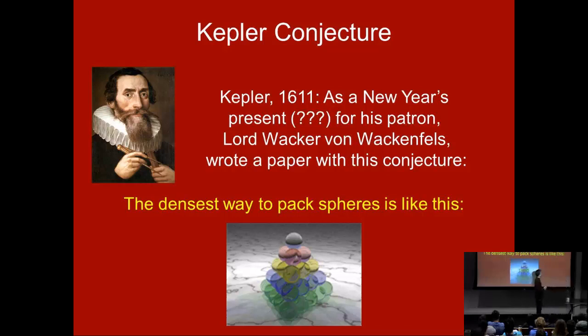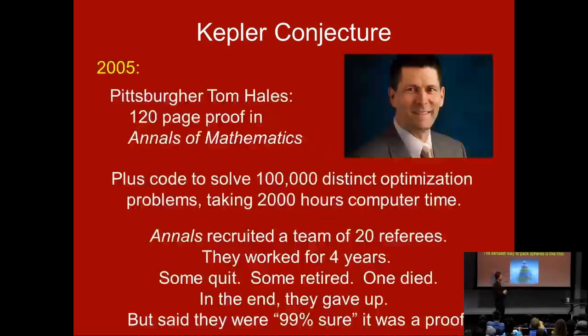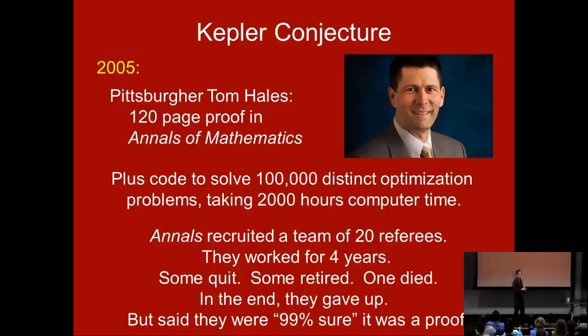Nobody could prove it for 375 years. Flash forward a really long time. This person, who works right over there, Tom Hales, a professor at Pitt, proved it in 2005, and it took a 120-page paper appearing in Annals of Mathematics, the most prestigious math journal. It was very awesome. I mean, this is essentially a 400-year-old problem.